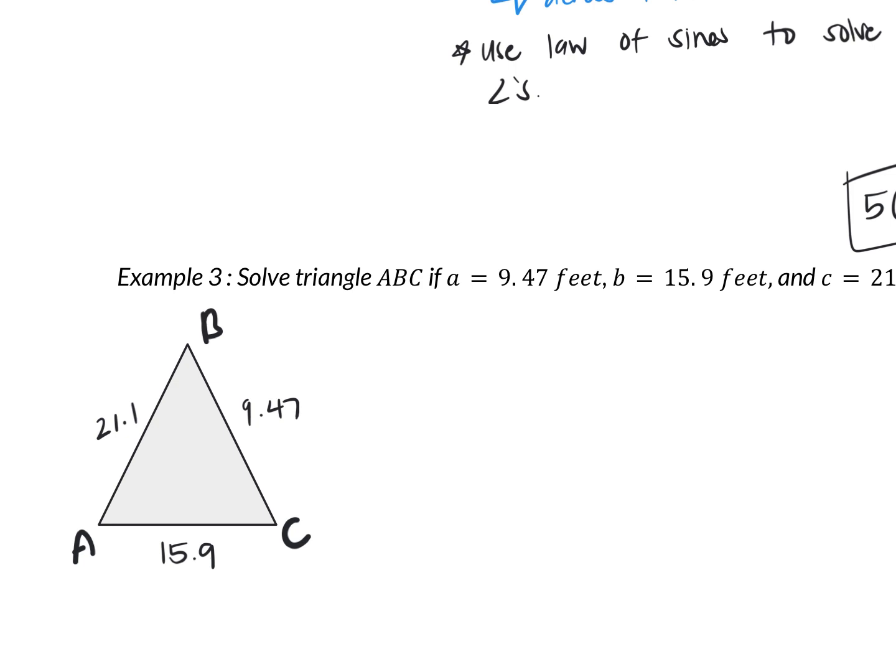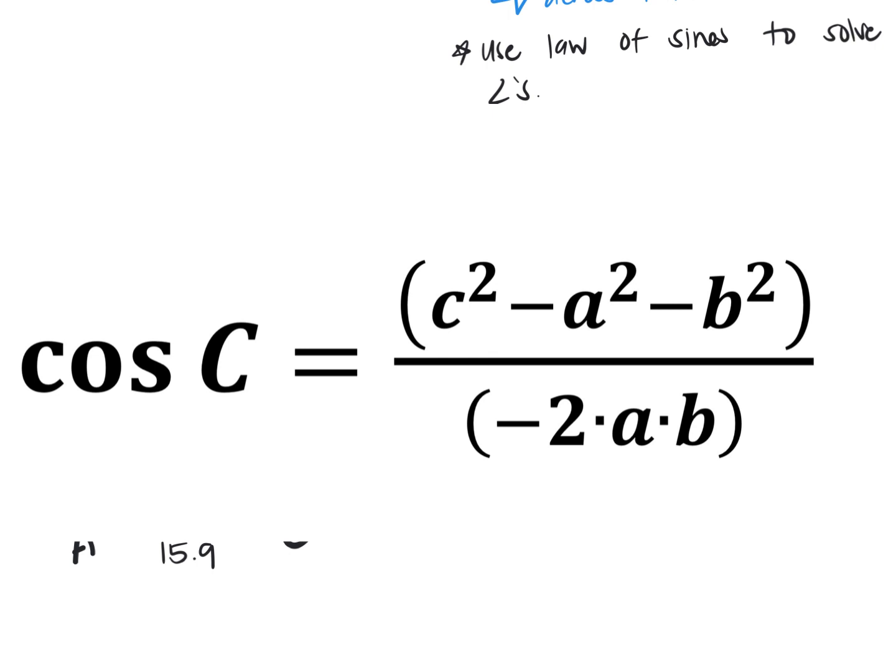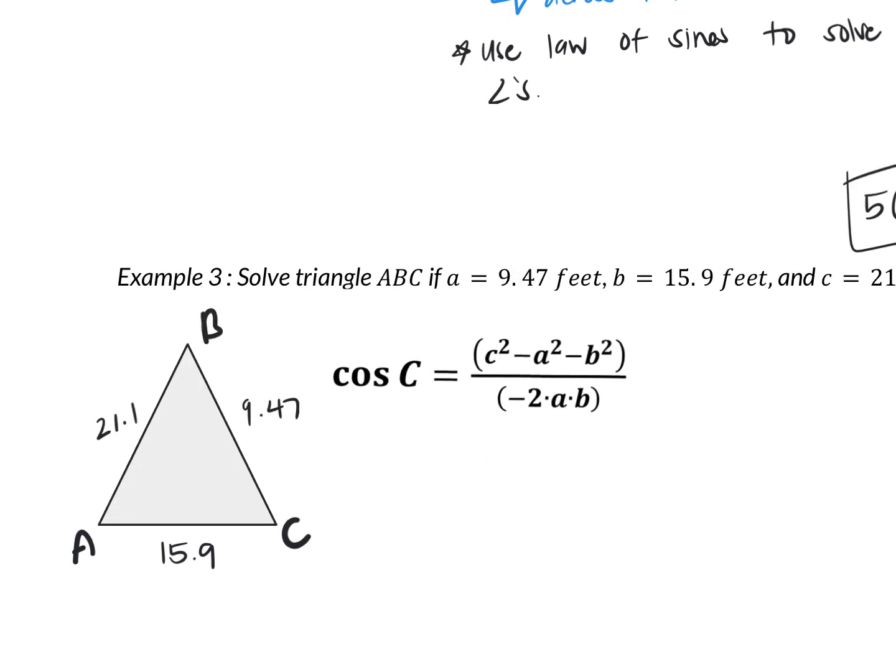Okay, so if you go back and look at your formula sheet, I'm going to put the picture of our formula, cosine of C, maybe. Okay, so this formula is on your formula sheet, okay?